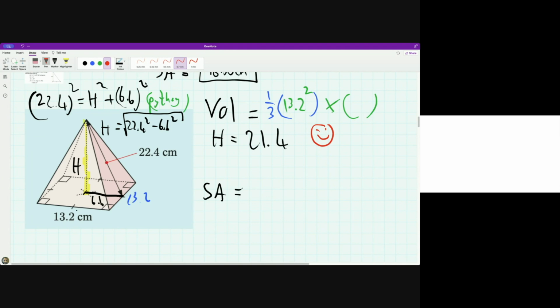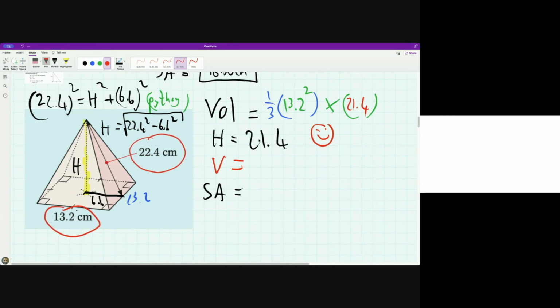What is my volume going to be? I'm just going to take this 21.4. Thank you, Koketso. And I'm going to plug it in there. So what's my volume going to be? Bukle, we normally wouldn't, but because they already had one decimal place here, I'll say that for here it's fine.